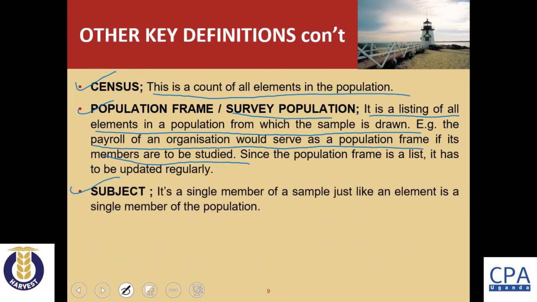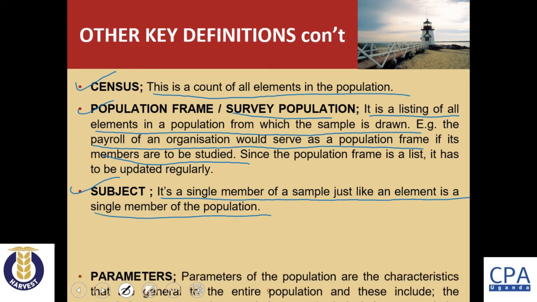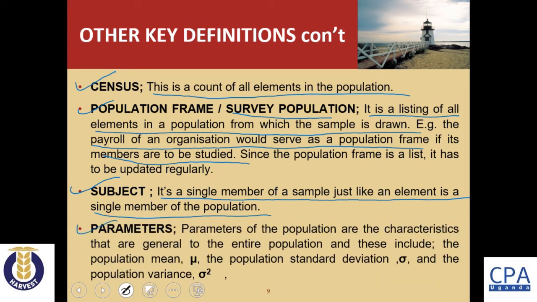A subject, as we have mentioned, is a single member of the sample, just like an element is a single member of the population. Parameter is another definition that you need to take care of and appreciate before going for the exam. Parameters are the characteristics that are general to the entire population, and they include the mean, population standard deviation, and the variance.